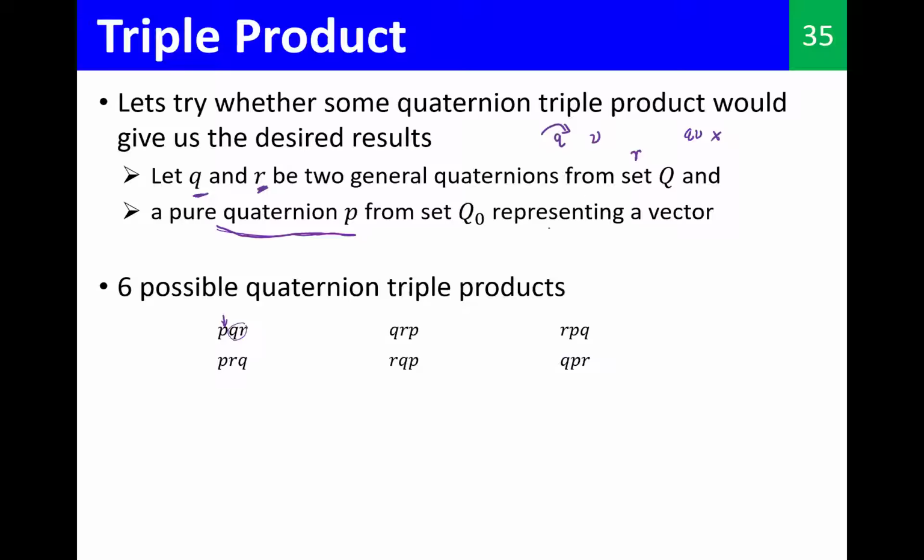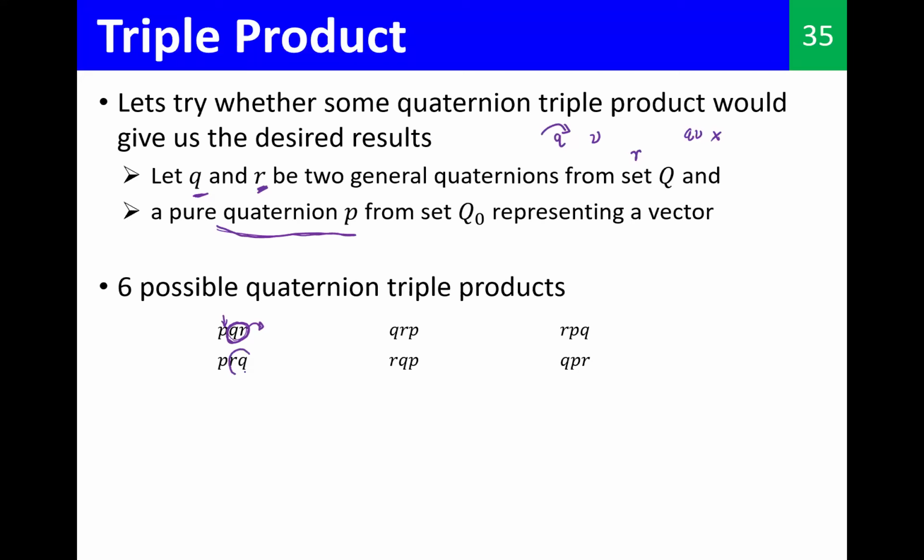So if we further look into these possible combinations, you can see whenever we have Q times R, these are the two quaternions, the general quaternions. So this would give me another quaternion, right? Q times R gives me another quaternion.